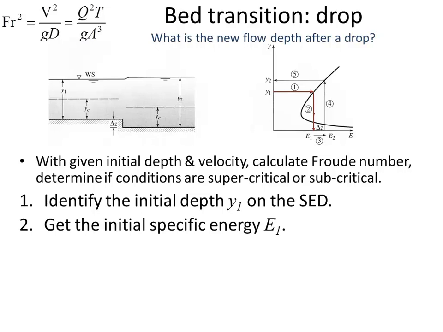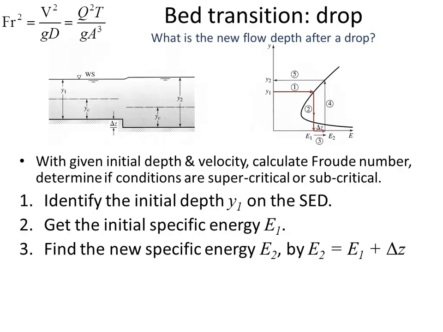Because it's a step down, the specific energy increases. We're adding energy in the form of delta Z. And so we go to the right because now there's additional specific energy. When there's a step down, you add delta Z to find E2. So this is a rule you're going to have to commit to memory of how the energy is changing.